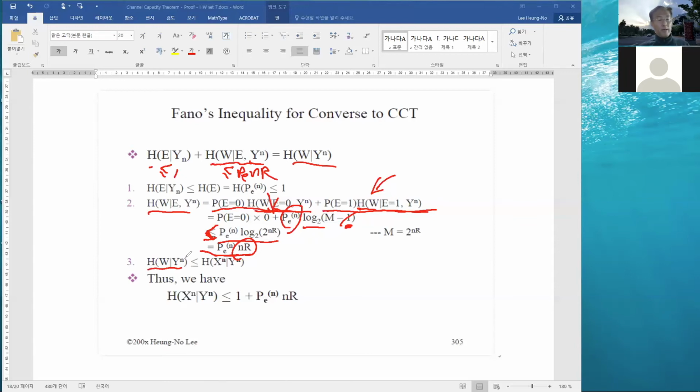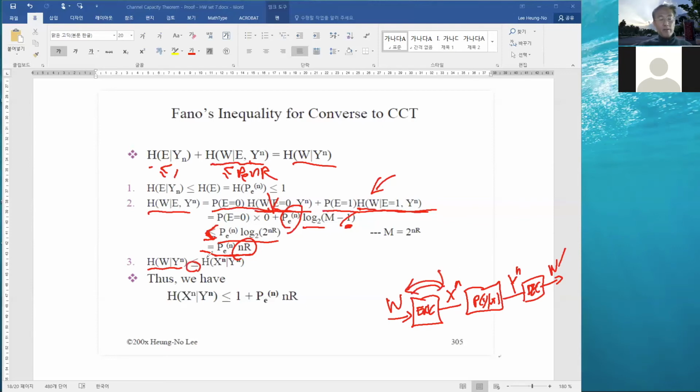And finally, we evaluate the entropy of W given Yn, versus the entropy of Xn given Yn. So we draw this picture again: encoder, then we have Xn, send it over the channel n times, you get Yn, decoder, and we make a decision W prime. Remember this picture. If W and Xn are one-to-one, equality is achieved, and we are using the one-to-one case.